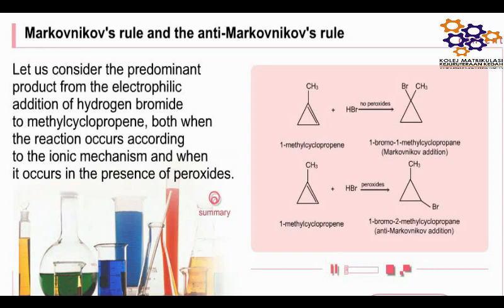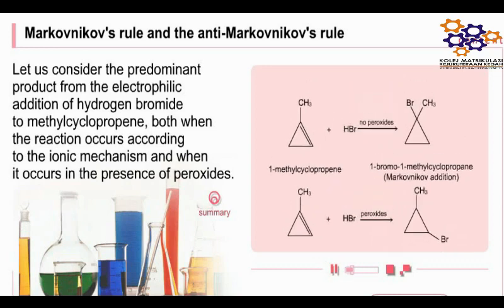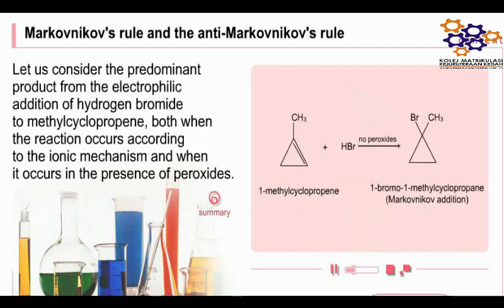Let us consider the electrophilic addition of hydrogen bromide to methyl cyclopropene, both in the presence and the absence of peroxides. The product of the ionic reaction is consistent with Markovnikov's rule. The reaction yields 1-bromo-1-methyl cyclopropane.